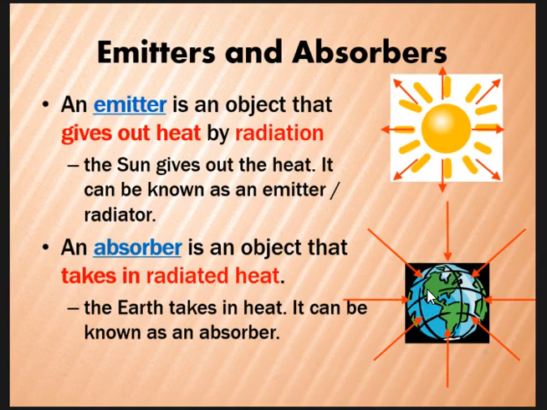This may sound confusing, but think about this. While the cool object is also emitting radiation, itself being the cooler object compared to the hotter one, it also absorbs radiation from the hotter object. The amount of radiation absorbed by the cooler object is more than the amount of radiation it itself gives out.